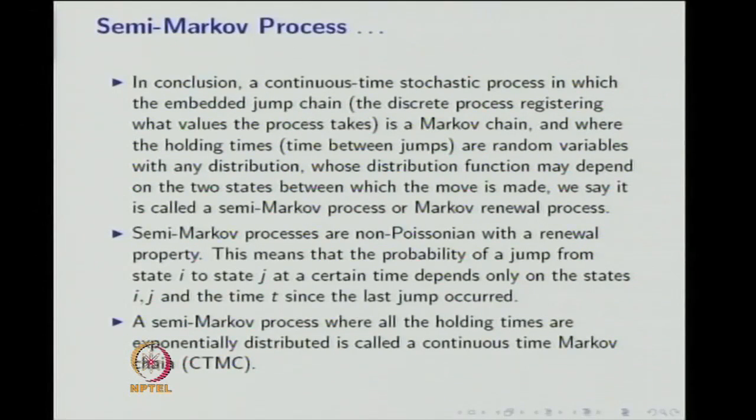In conclusion, a continuous time stochastic process which has an embedded Markov chain, and where the holding times are random variables with any general distribution whose distribution function may depend on the two states between which the move is made, we say it is a semi-Markov process or Markov renewal process.